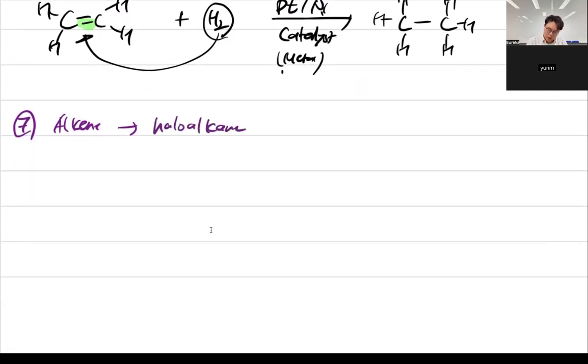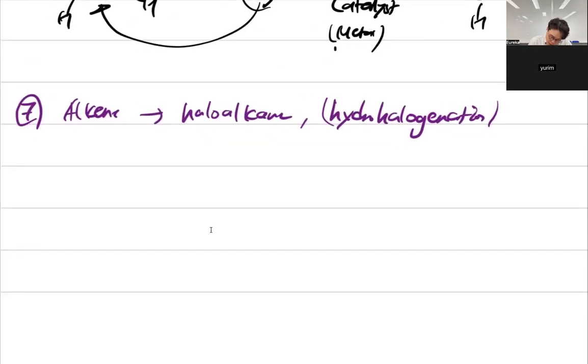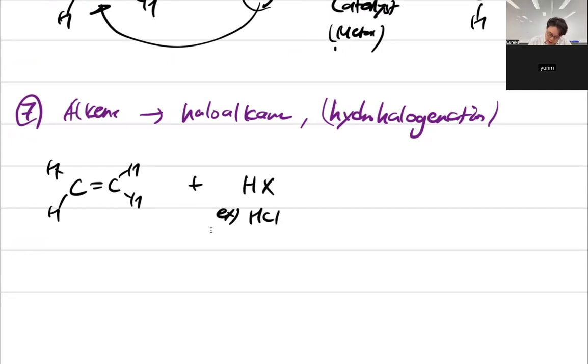and that process is known as hydrohalogenation. So hydrohalogenation is basically we have one alkene, and this goes through the reaction with HX. So for example, hydrochloric acid, HBr, HI, any of those halogens.